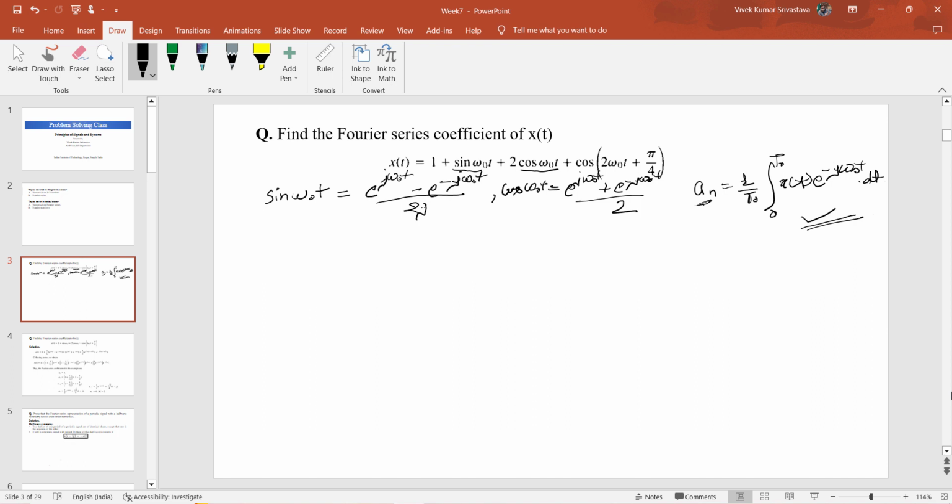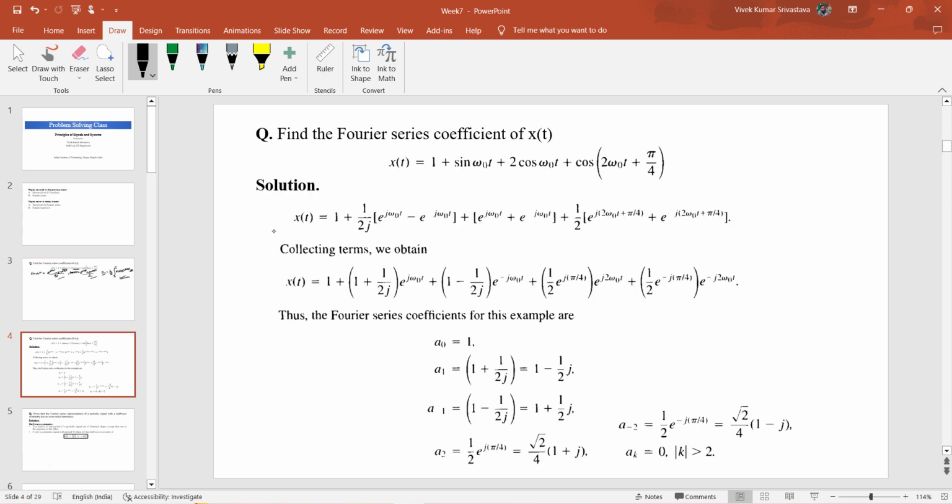By using this representation we can easily evaluate the Fourier series coefficients of this problem. So let us now solve this problem.